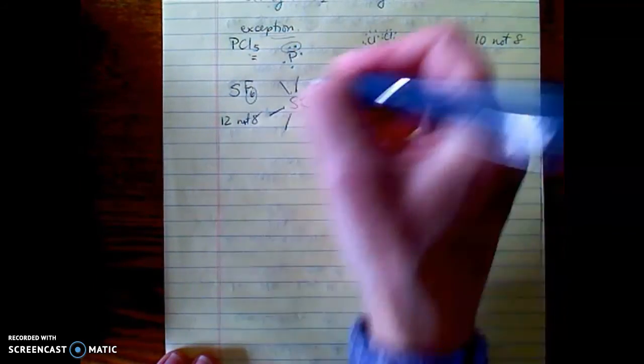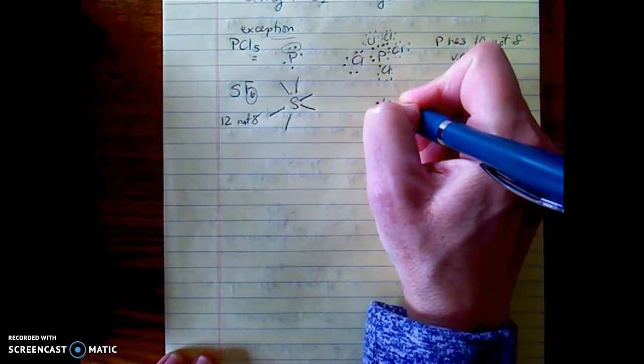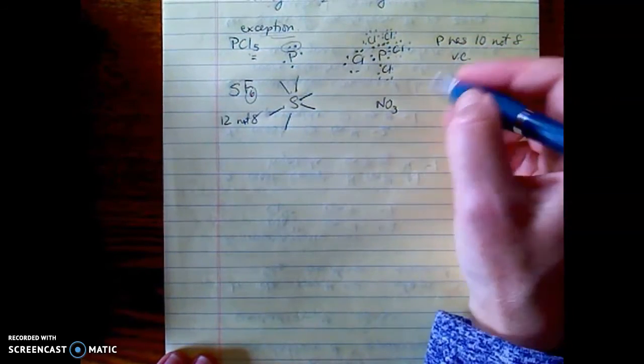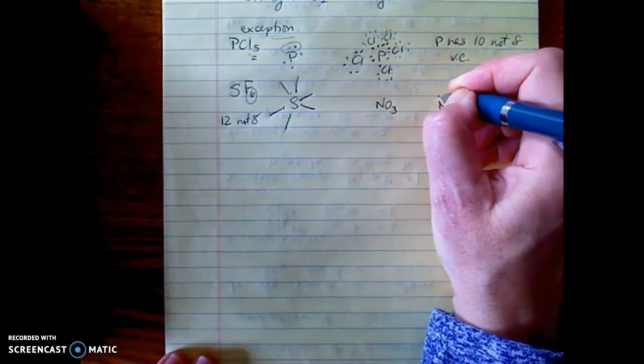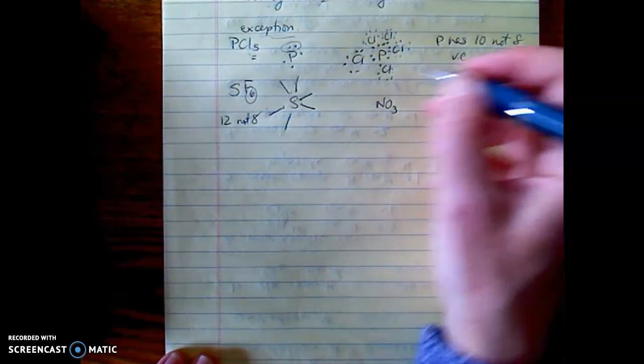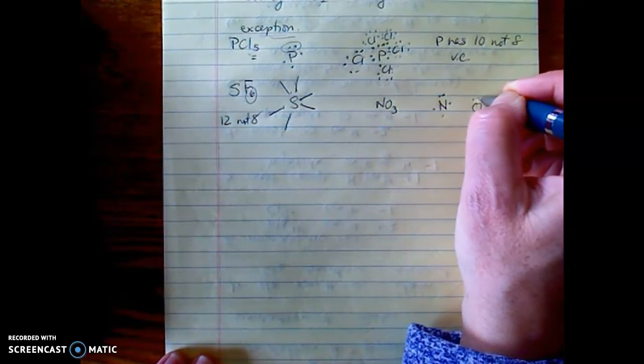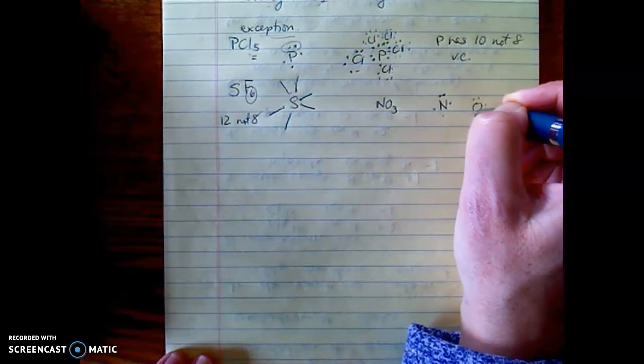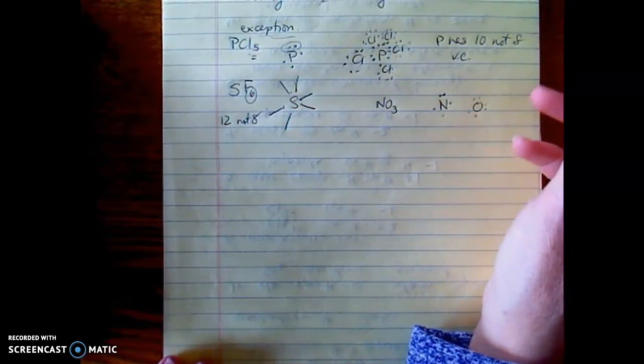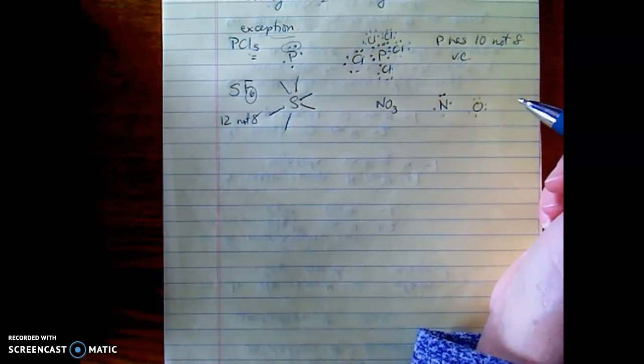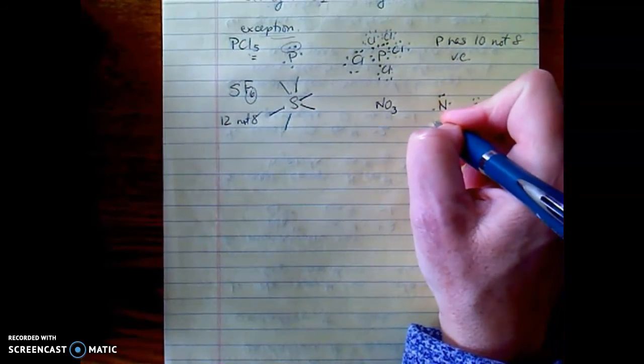Another one that we see, NO3. Here you've got N, you've got 5 valence electrons, you got oxygen, with each oxygen having 6. You can't tell where they're going to bond. So in this case, I would do a count.